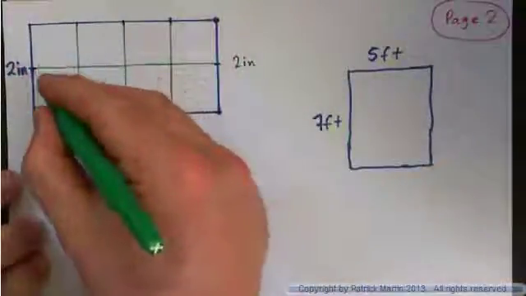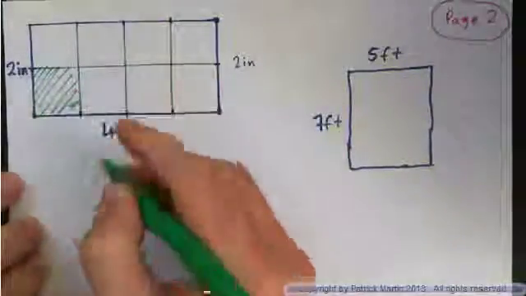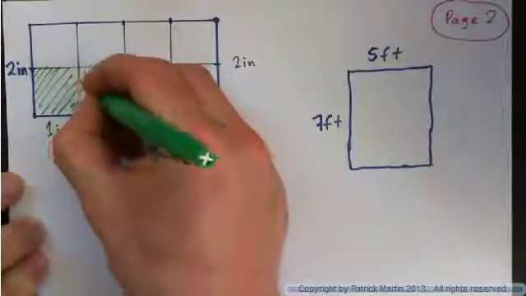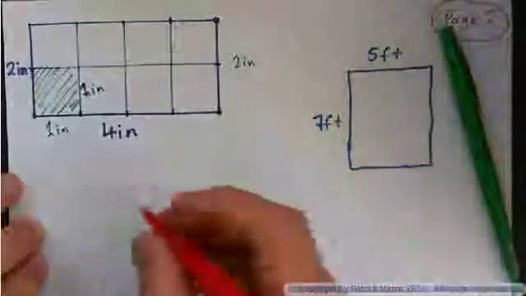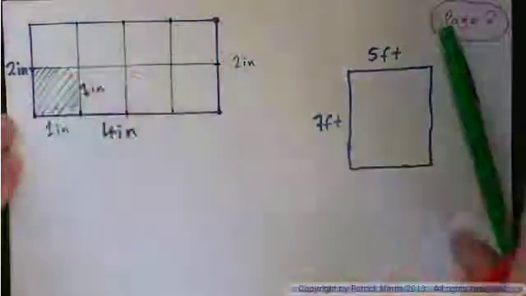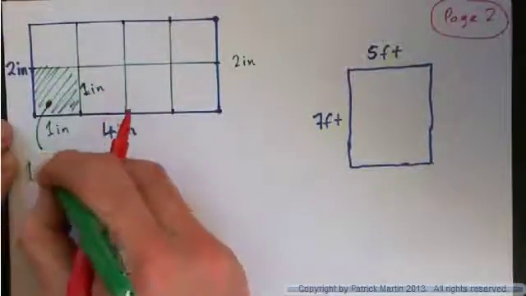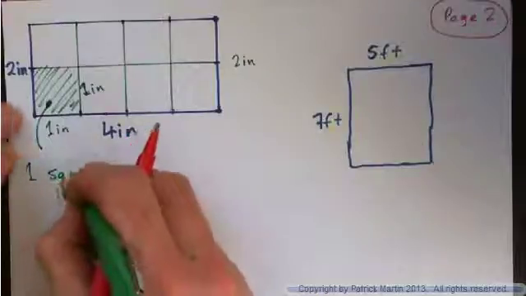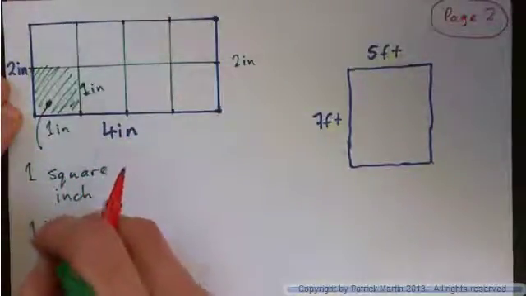So once again, if I pick any square out of here, like this square here, this square is 1 inch in length on all sides. So this square here is in fact 1 square inch, and the shorthand way of writing that is 1 in squared, 1 square inch.